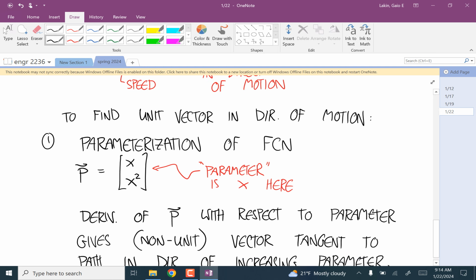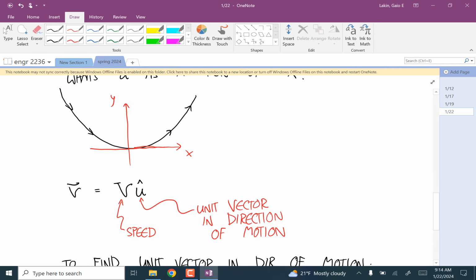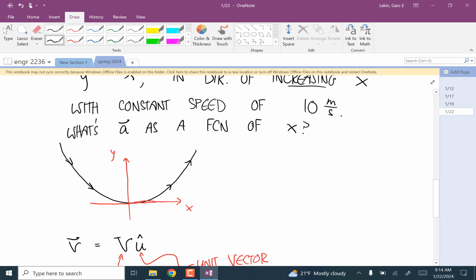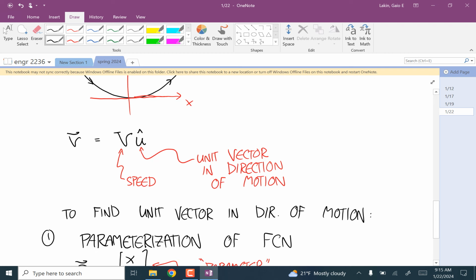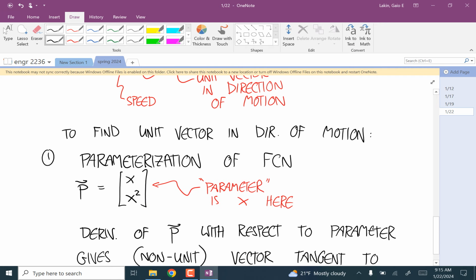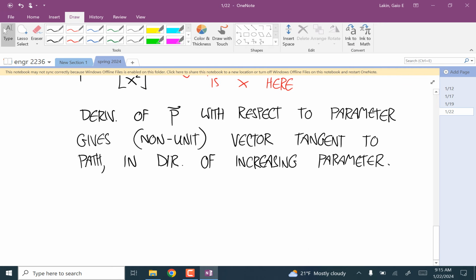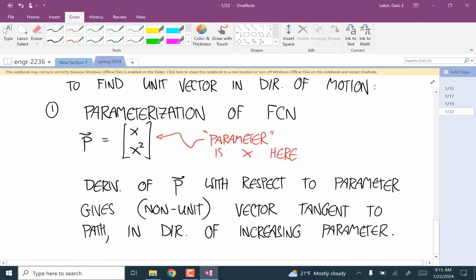Notice that here, the problem that I gave you, I said that this object is moving in the direction of x increasing. X is our parameter. Okay, so this will give us a vector that's tangent to the path in the direction of increasing x. Okay, that's what we want.